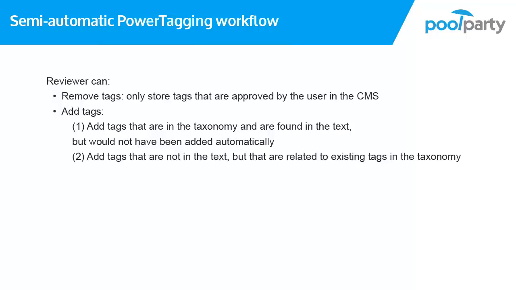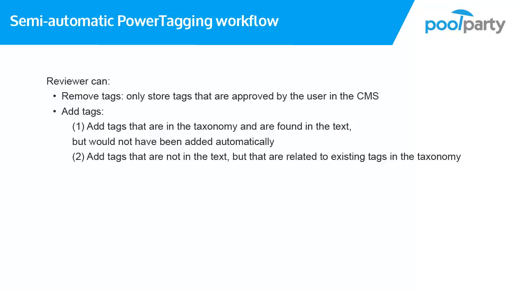You could even filter those suggestions to rank those tags higher that are often used jointly with tags that have already been added to your content. This kind of intelligent tag suggestions would support the user to identify keywords for content that are not explicitly mentioned in the text, thus providing significant advantages over fully automatic tagging workflows where only tags that are explicitly mentioned in the content are identified.